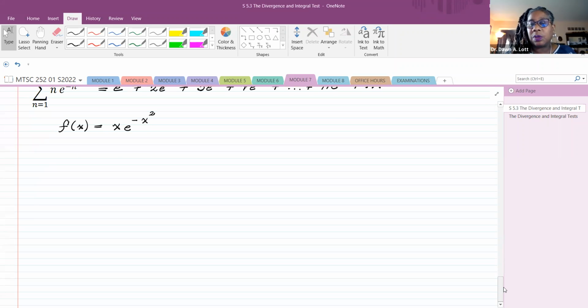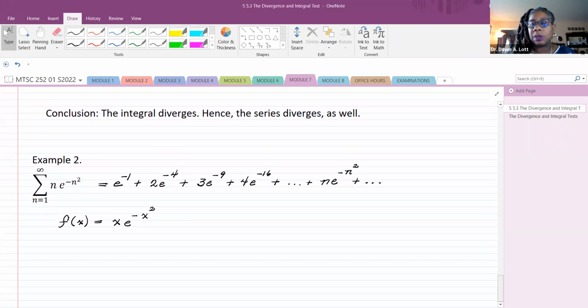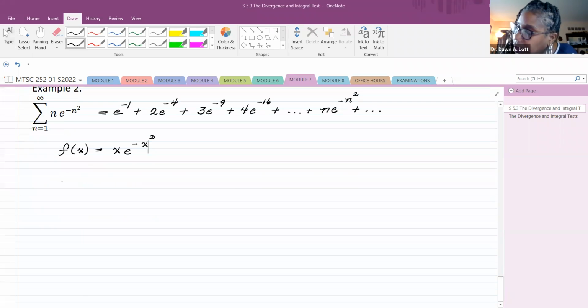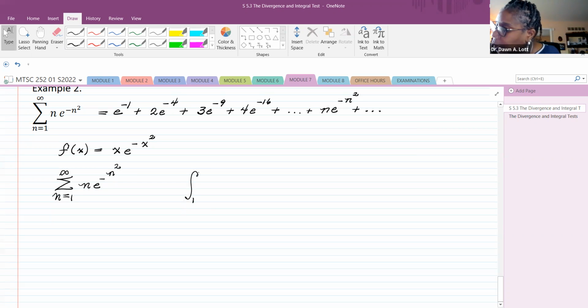All right. So therefore, I have two pairs. I have the sum n equals 1 to infinity of n e to the negative n squared, and then I have the integral from 1 to infinity of x e to the negative x squared dx. And those two are pairs. So if the integral converges, the series converges.